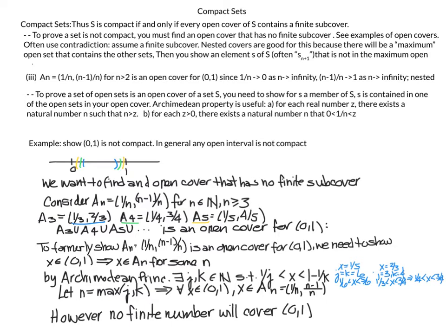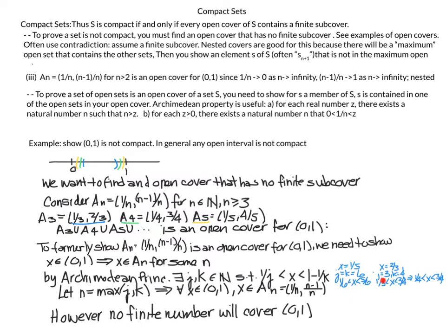So for example, if x is equal to 1/5, then j and k can both equal 6, because x is less than 1/6, and x is greater than 1/6, and x is less than 1 minus 1/6, which is 5/6.